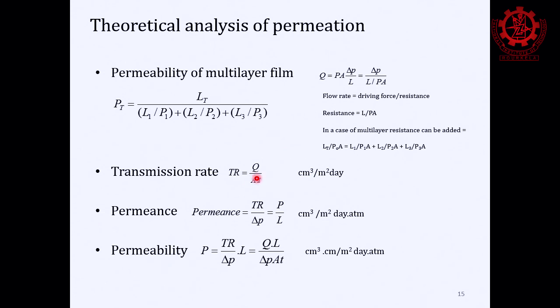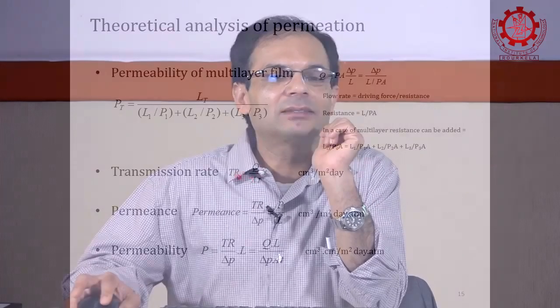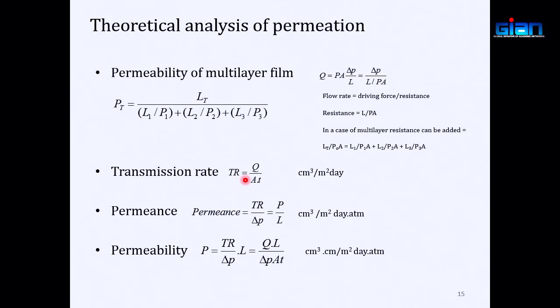If you divide this transmission rate by partial pressure, because the transmission would depend upon it, in this case this transmission rate is fixed based on the partial pressure. But if you divide that by the partial pressure, what we call is the permeance of the film. And if you multiply by the thickness of the film, then it gives you permeability.